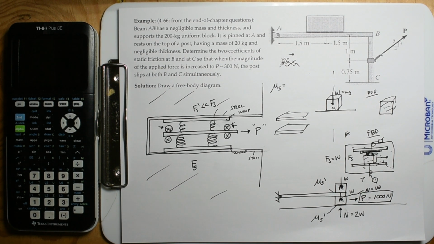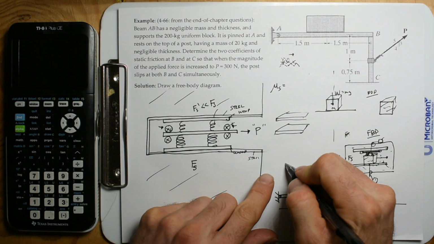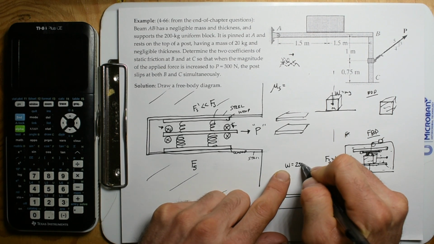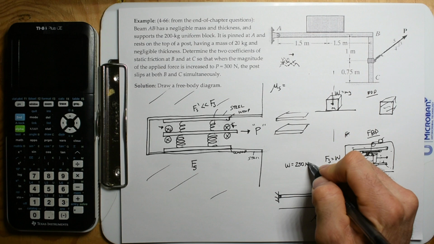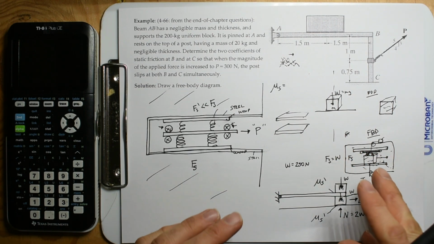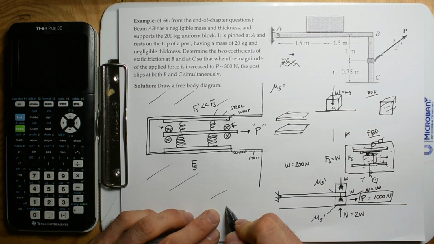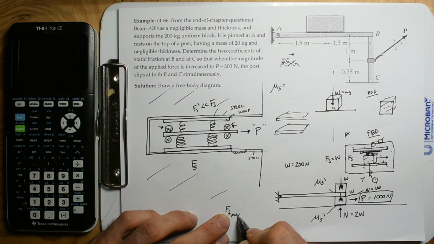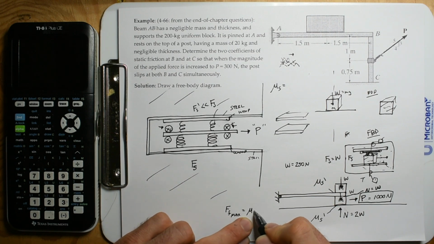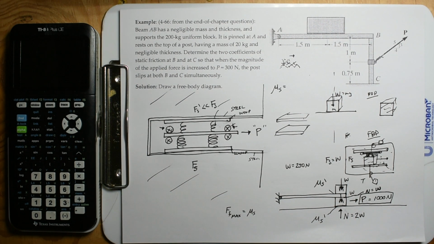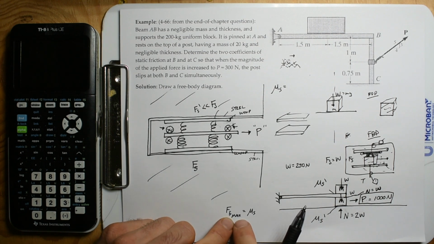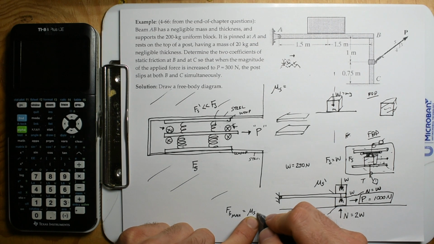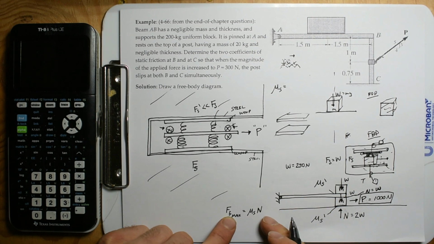All right, so let's give these things some values. We're going to say W is 250 newtons. And we have to use our equation that the force of friction, and I'm going to put a subscript max, is the coefficient times the normal force. That is, force of friction max is coefficient of static friction times the normal force.